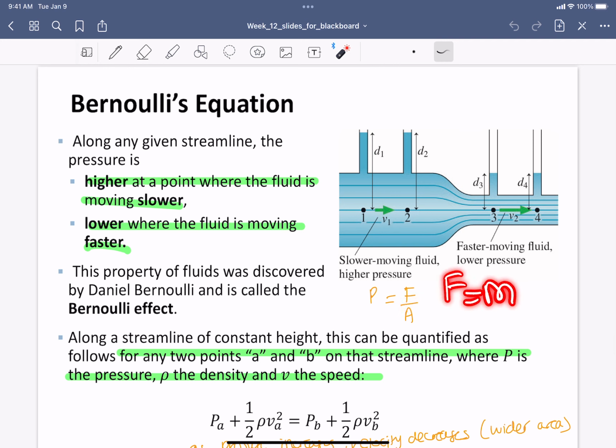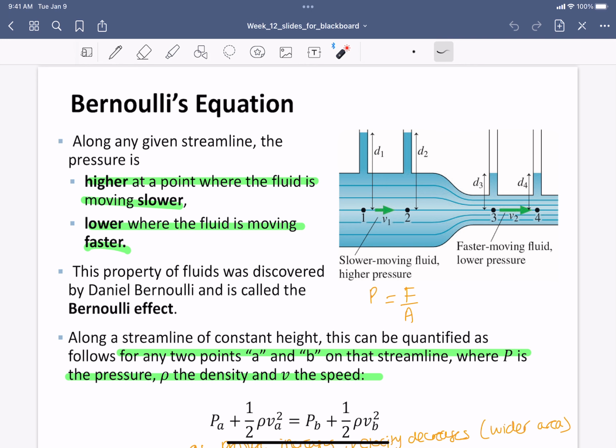Force is equal to mass times acceleration, so if I'm giving this part a force, I'm giving it an acceleration. If I'm accelerating, I'm actually increasing my speed. So I go from a slower speed to a faster speed if I'm applying some kind of acceleration.